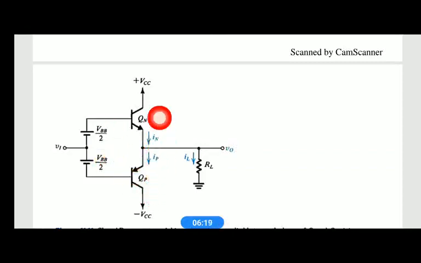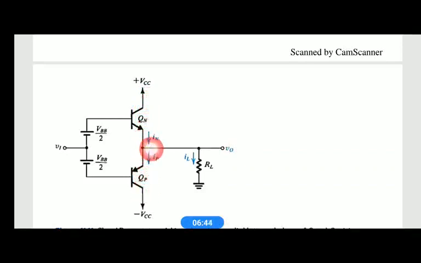So therefore the current flow through the transistor QN, which is IN given here, and the current flow through the transistor QP, which is IP, both are equal. There is no current flow through the load. Means all the current which is coming from here will go to here.